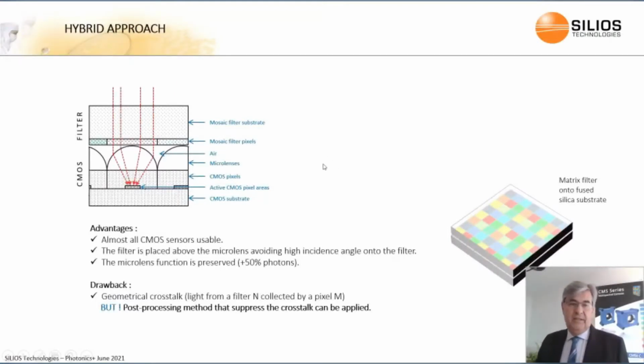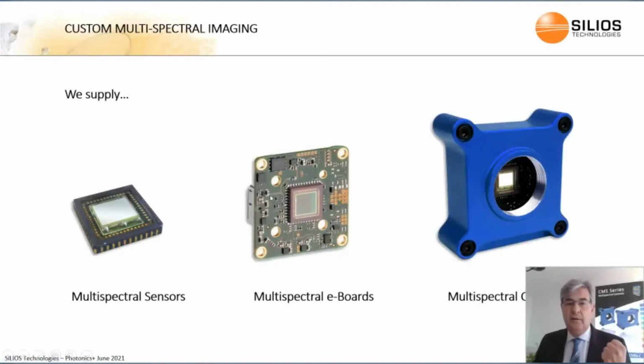But again, of course, that has a certain cost. So that's why we now also propose, aside from it, off-the-shelf multispectral sensors, off-the-shelf multispectral e-boards, and off-the-shelf multispectral cameras. These are the CMS and the CMS4.